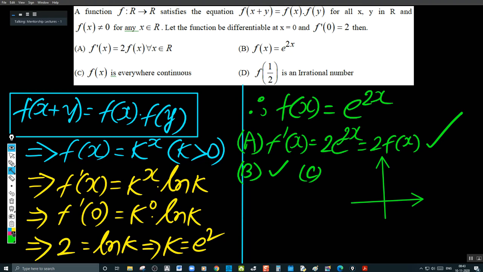Because it is everywhere continuous and exponential, if you put x equal to 0, f of 0 is 1. So it intersects the y-axis at 1 and it is an exponential function like this. This exponential function is always continuous and also positive. That is, C is also correct.